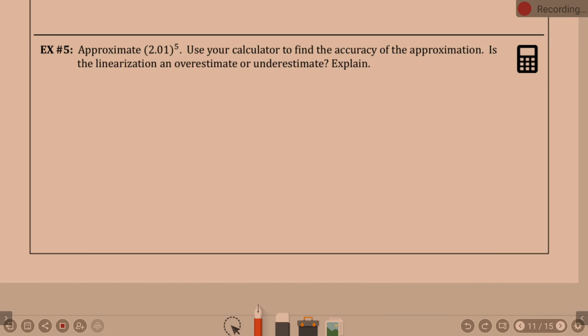What function would this be based on? If they want us to find 2.01 to the 5th, what is f of x? What would the 2.01 be in place of? That's in place of x.